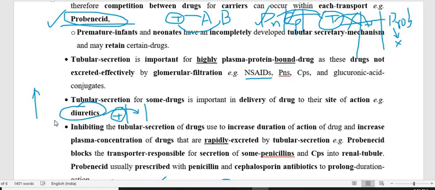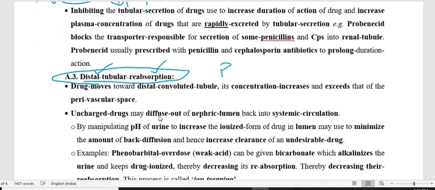Why? The diuretic has to act when it reaches the lumen of the tubule. So how do you increase this? By activating the tubular transport system. So this becomes very interesting and important.